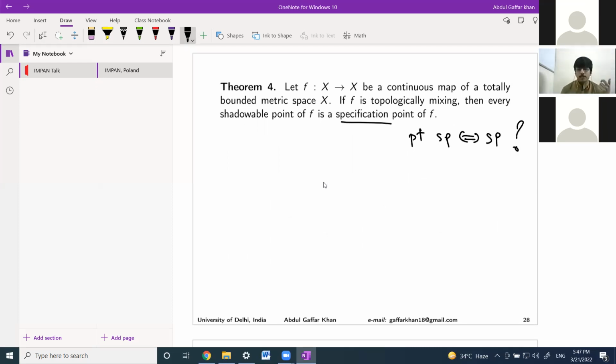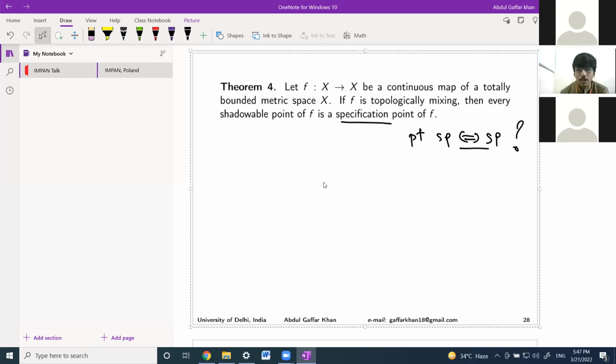In mixing, transitive points and shadable points, we have observed this is true, but in the search for the answer to this question, we have observed that if the map has the shadowing property, then this is true. Whether it is true individually or not, we are not aware. So suppose that f is topologically mixing, then every shadable point is a specification point. We will use this result to establish our claim.